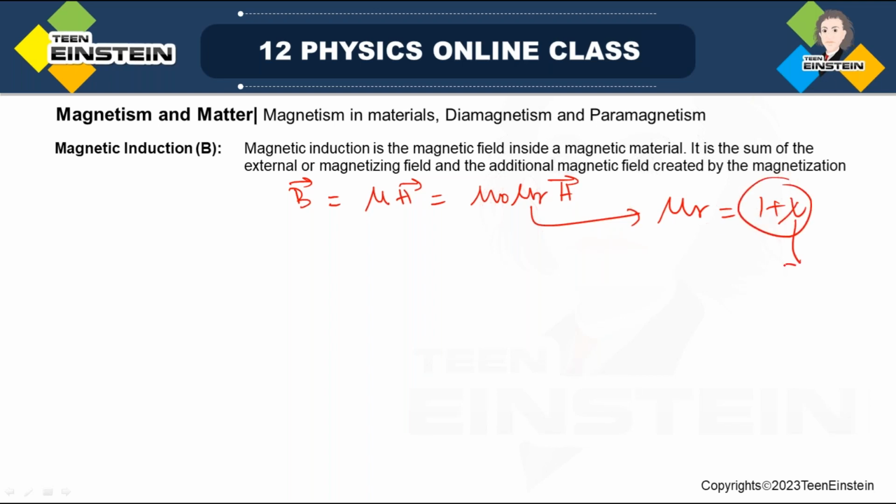And this chi is known as magnetic susceptibility. We have already discussed this. So what is magnetic permeability and what is magnetic susceptibility? Those two things we have to discuss.